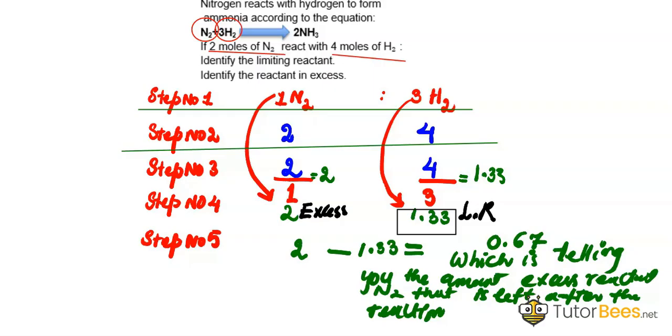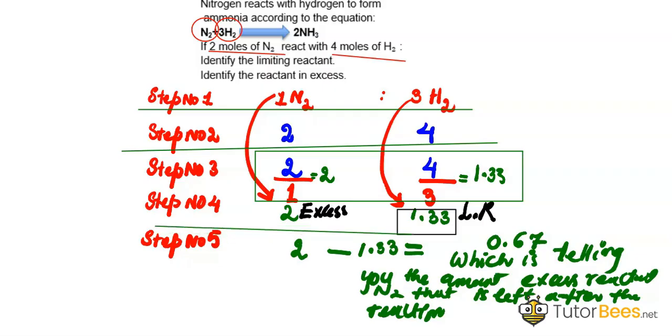Then you will divide your provided number of moles by the molar coefficient, and then you compare the answers which you get. The number of moles which is smaller represents your limiting reactant, and which is bigger, that is showing the reactant in excess.